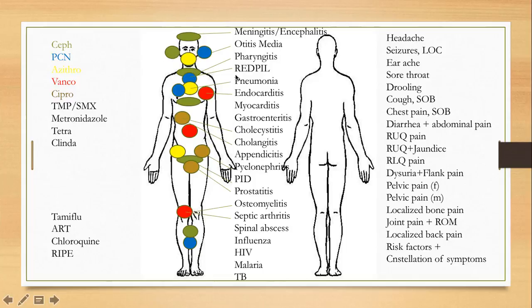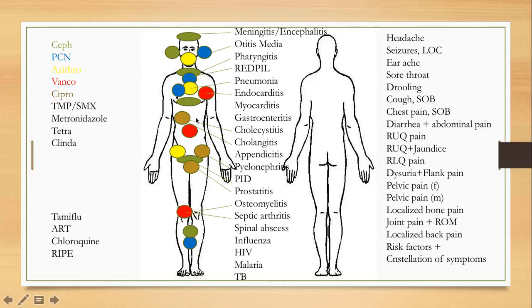Pharyngitis patients and respiratory infection patients will get better with cephalosporins, penicillins, and also azithromycin. Pneumonia will get better with penicillins and azithromycin. Endocarditis patients will have to get vancomycin. So these are the head and neck infections.